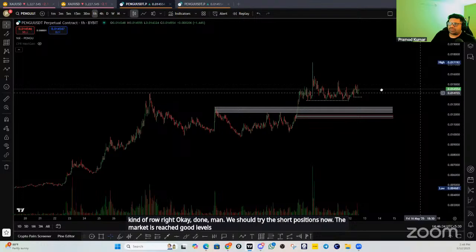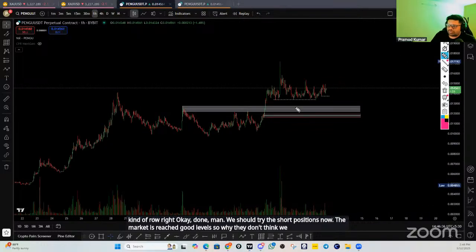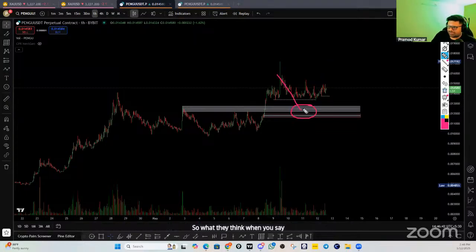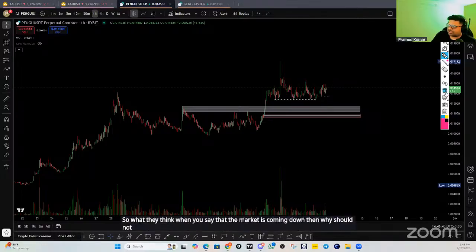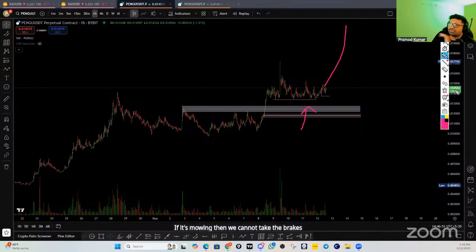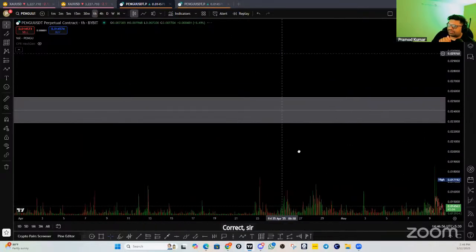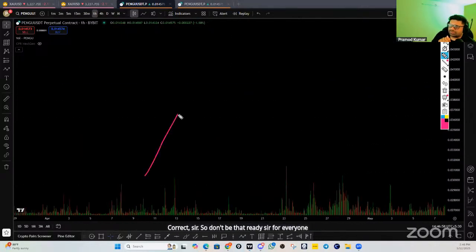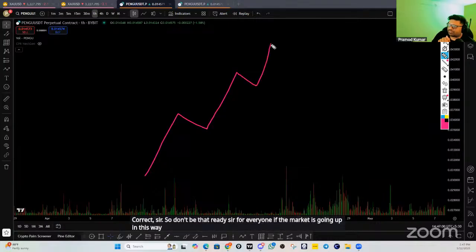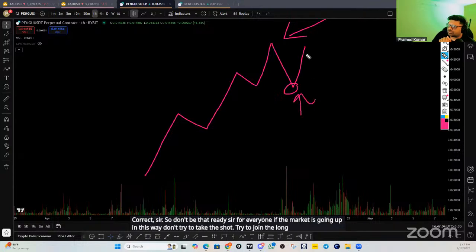So why don't they think we should join the long positions when it comes down? If the market is going up this way, don't try to short. Don't be that trader, try to join the long positions.